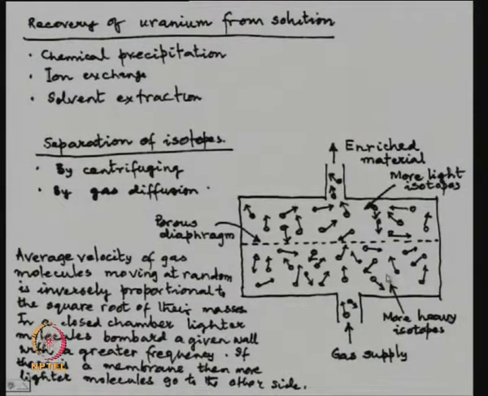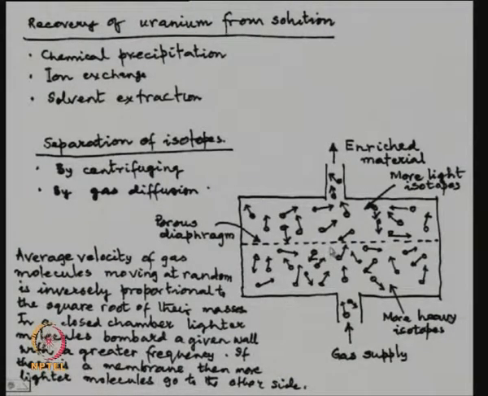What happens is that in the gas phase, all the isotopes forming the particular compound or compounds with different isotopes are moving around in different directions with different speeds.